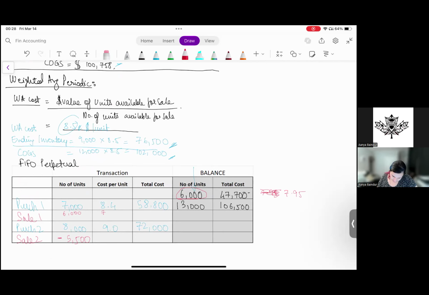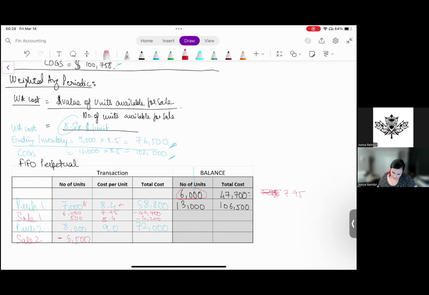So 7.95. And we know the total cost for that was 47,700. But remember, it was for 6,500. So we've also sold 500 more units. The next 500 units will be sold from this purchase batch. So 500 units. Now we'll use this cost, 8.4. Let's find what's 500 times 8.4. That's 4,200.